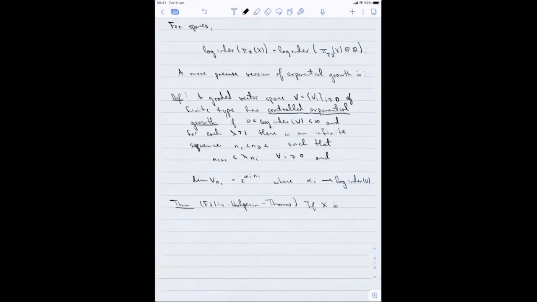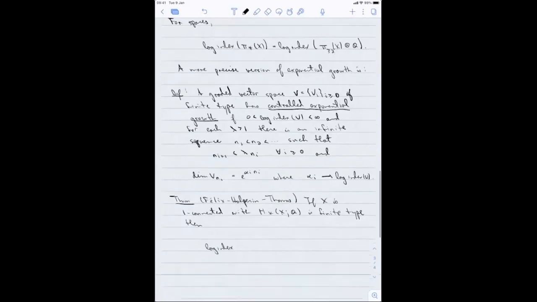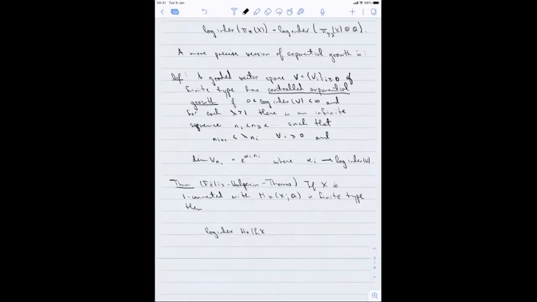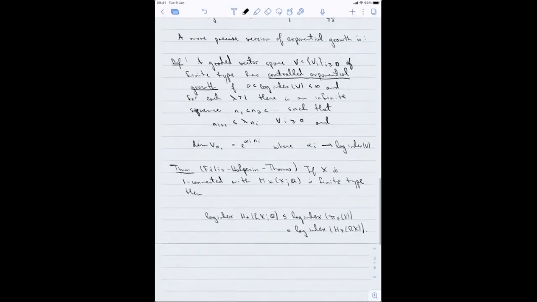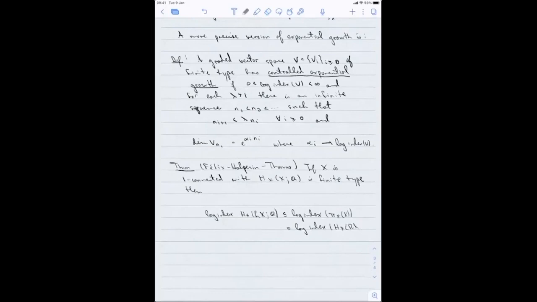If you have a one-connected space, and its homology, rational coefficients, is of finite type, then the log index of the rational homology of the free loop space is less than or equal to the log index of the rational homotopy groups, and this latter is equal to the log index of the rational homology of the base loop space.